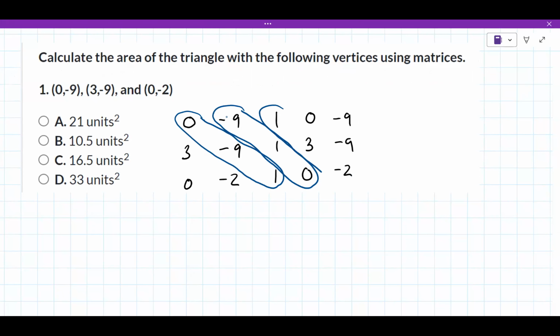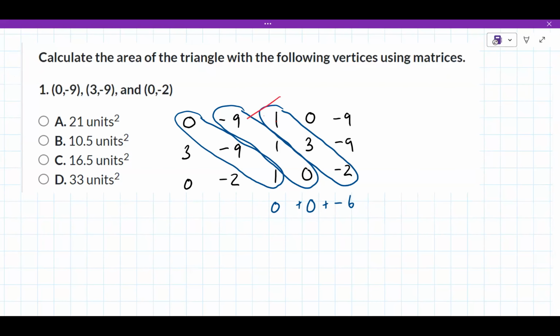This is where you multiply the 3 numbers: 0 times -9 times 1, -9 times 1 times 0, 1 times 3 times -2. The first two are 0 because there's a 0 in there. The last one is -6. And if you remember, you add these up. So it'd just be -6.